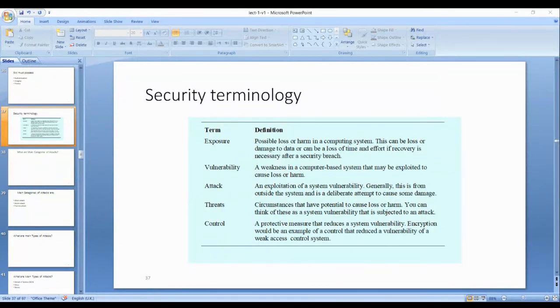Banks also have threats. Security agencies and government departments are under threat of attack. Control: like I told you, Iran controlled Stuxnet within one week, and they stopped sending the data to the owner. So these are some security terminologies I explained.